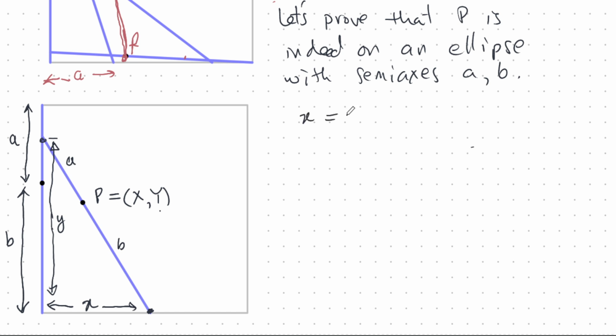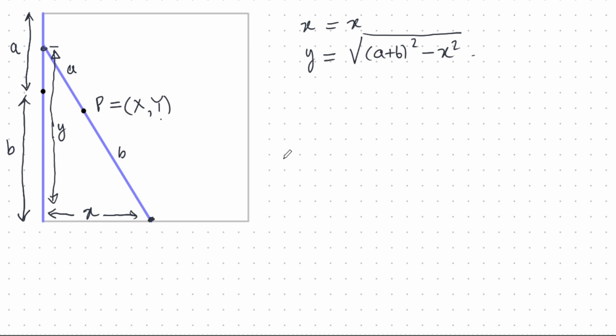Little x is our parameter. Let's say we slide it by little x, so that's an independent variable. And y, by Pythagoras' rule, is the square root of (a plus b) all squared minus little x squared. Just a simple application of Pythagoras' rule. There's no need for any trigonometry or anything like that.